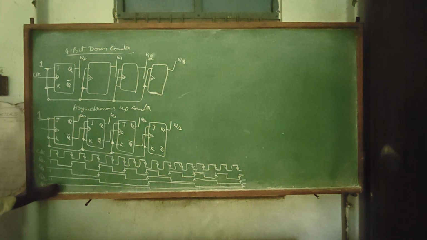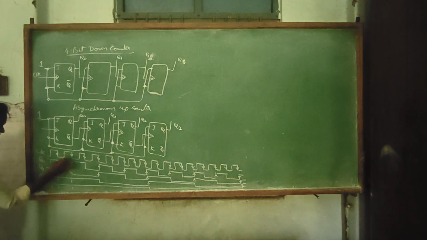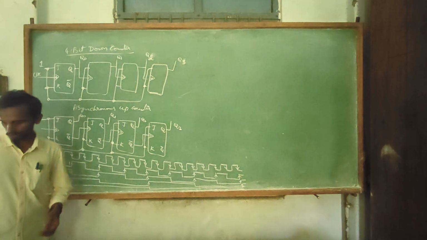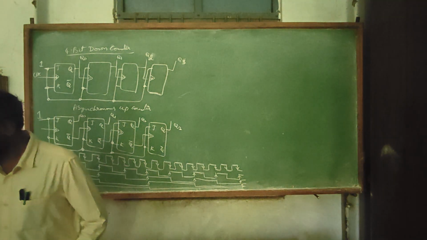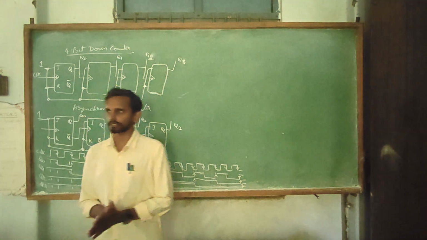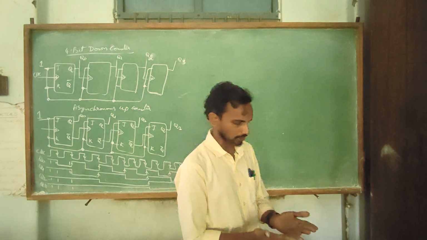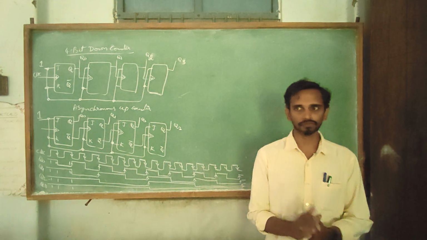That's all. If you write the numbers, it will be 1 1 1 1. At the end of the first clock pulse, 1 1 1 0. At the end of the second clock pulse, 1 1 0 1. Like that, you'll get a down counter which counts from 15 to 0.